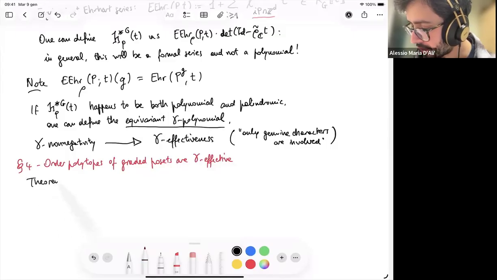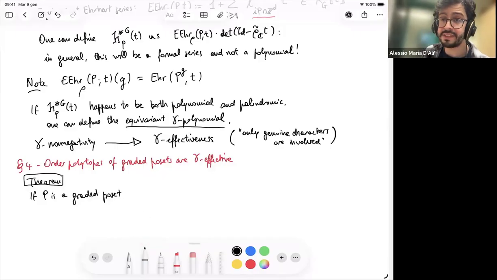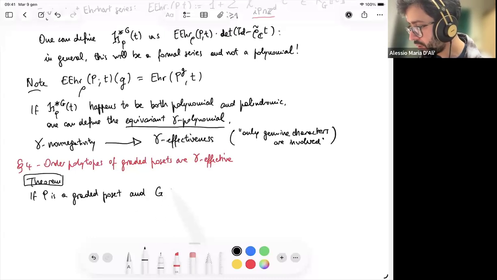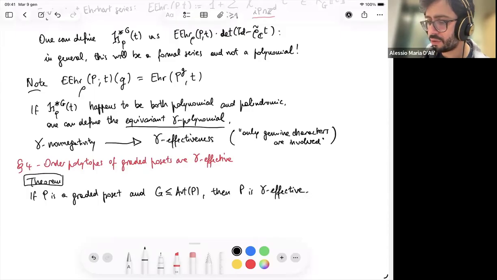The theorem just says that if P is graded, so notice that even though I described all of this in the more general setting, the statement itself only works for graded posets, or at least that's what we were able to do. We don't know exactly how to extend this. And you have a subgroup of the automorphism group of the poset, then P is gamma effective with respect to this action.